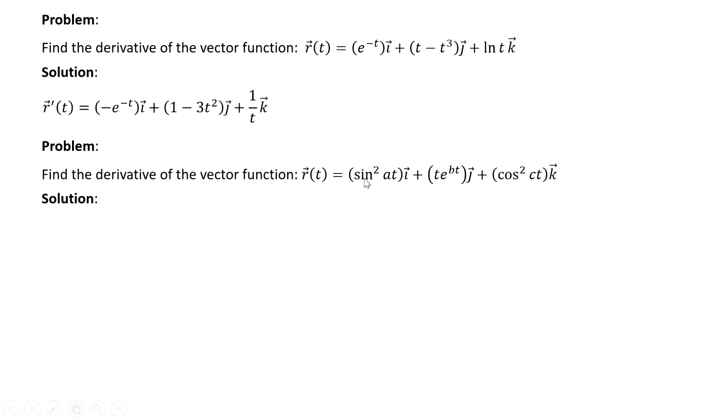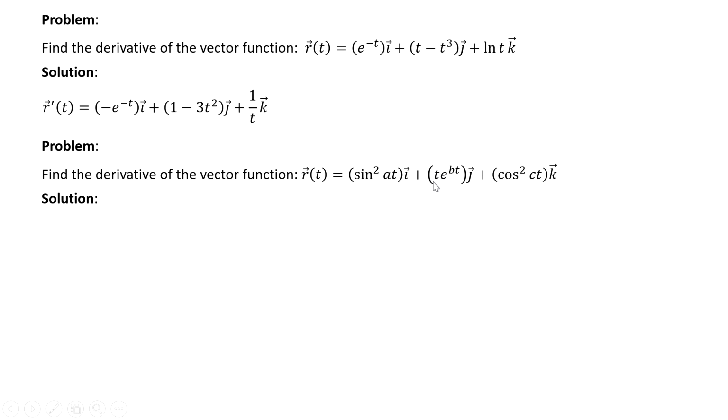Do we know how to differentiate sine squared of at with respect to t? Piece of cake. Chain rule: 2 times sine of at times cosine of at times the derivative of at, which is a. So 2a sine at cosine at. Would you agree? Similarly, t times e to the bt.